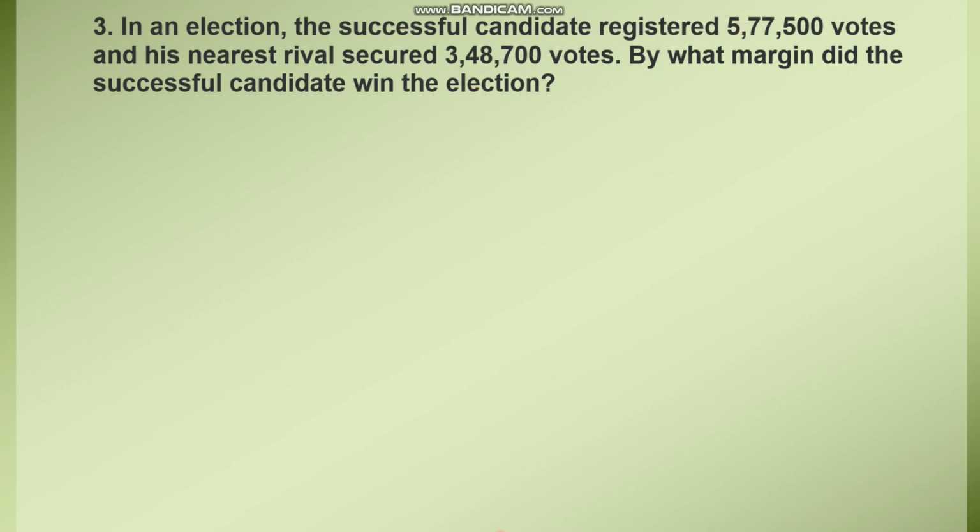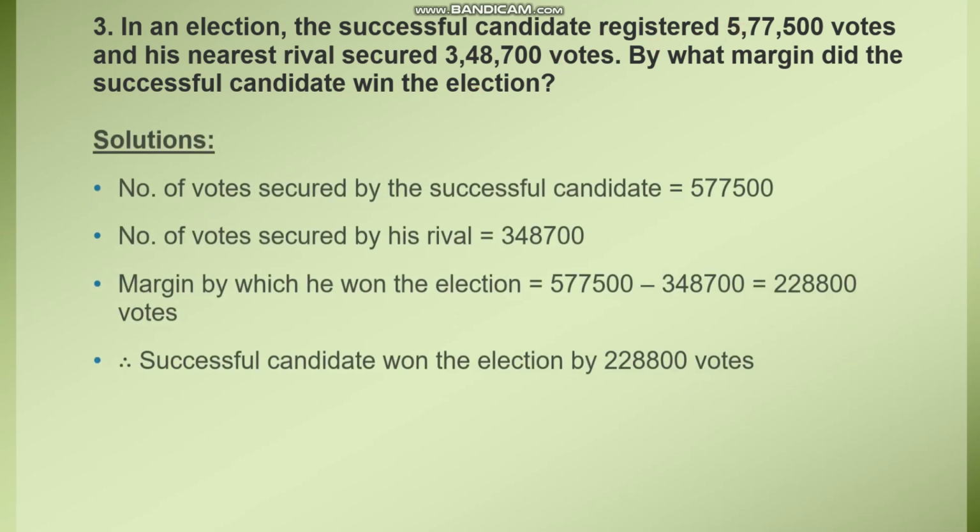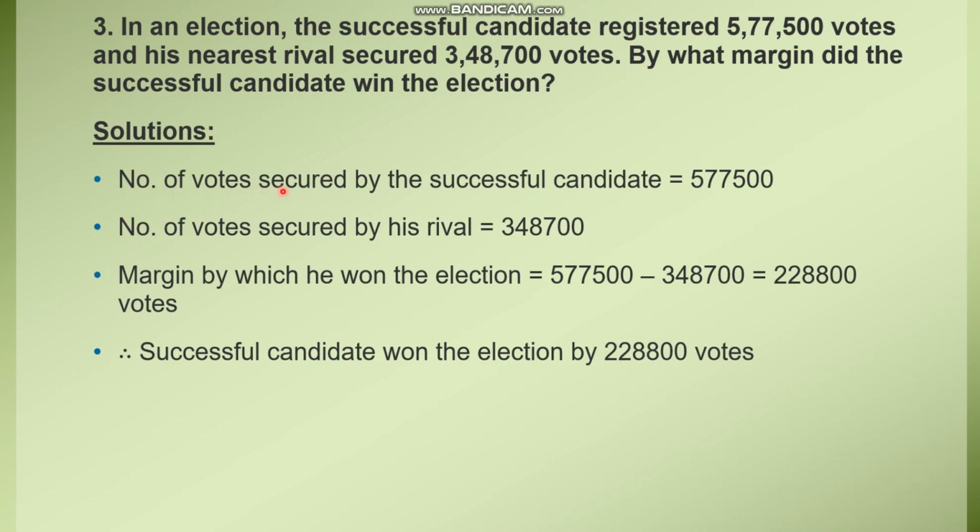So the first step we can write as number of votes secured by the successful candidate, that is equal to 5,77,500. Second, number of votes secured by his rival, that is 3,48,700.